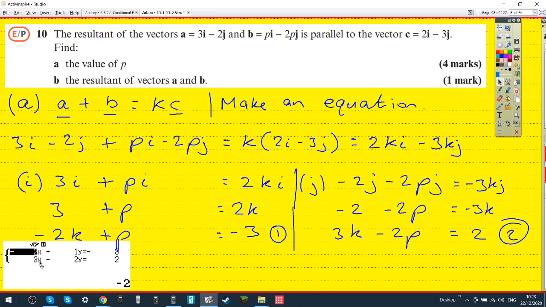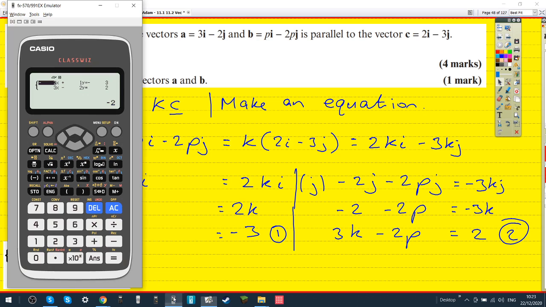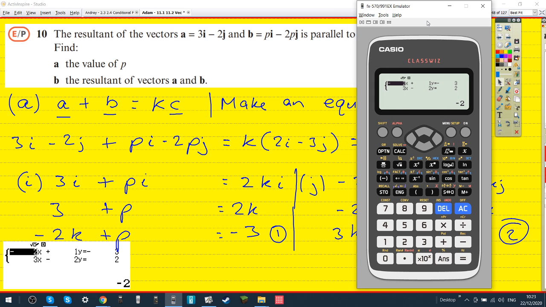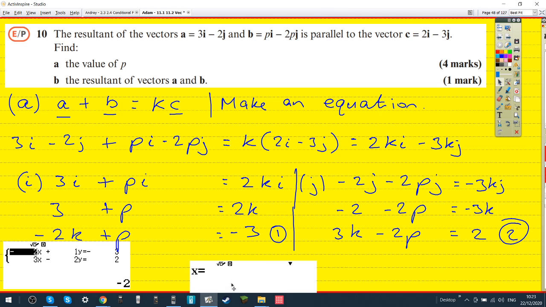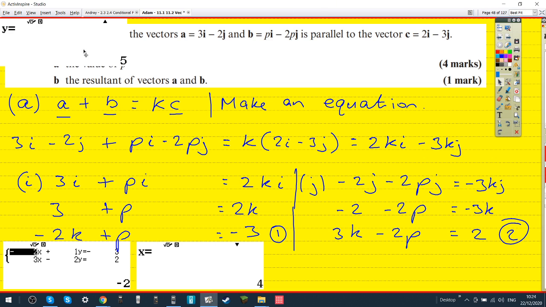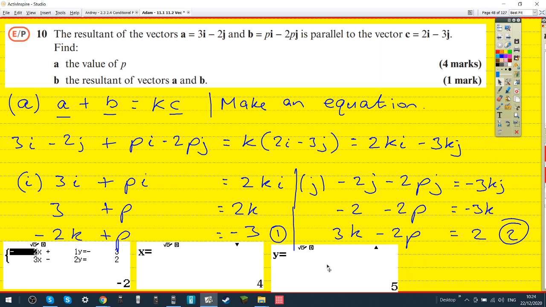The resultant vectors of A and B. So we just need to sub in what they are. Would you sub it into A, into 3i minus 2j?